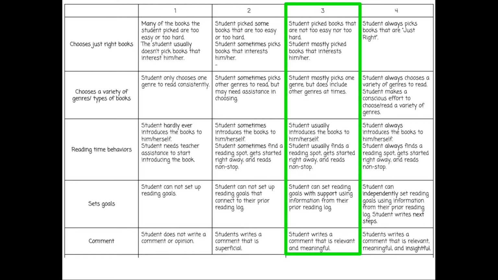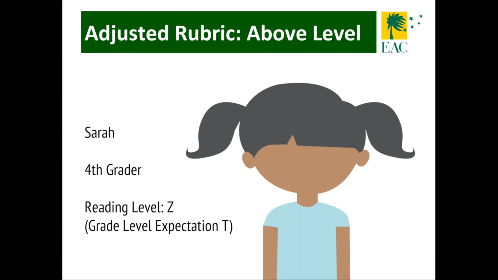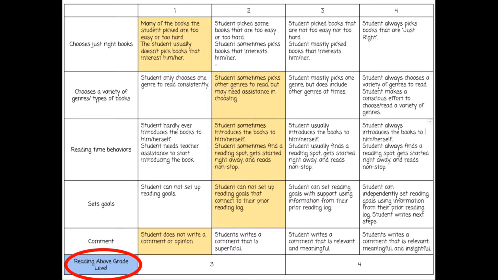Let's take a look. Here we have Sarah. Sarah is a 4th grader reading at a level Z. The grade level expectation is a T, so Sarah is well beyond the 4th grade reading level. So, she would get the same exact rubric that everyone else in the class got, yet at the bottom you can see that she's reading above grade level, so it will be adjusted.